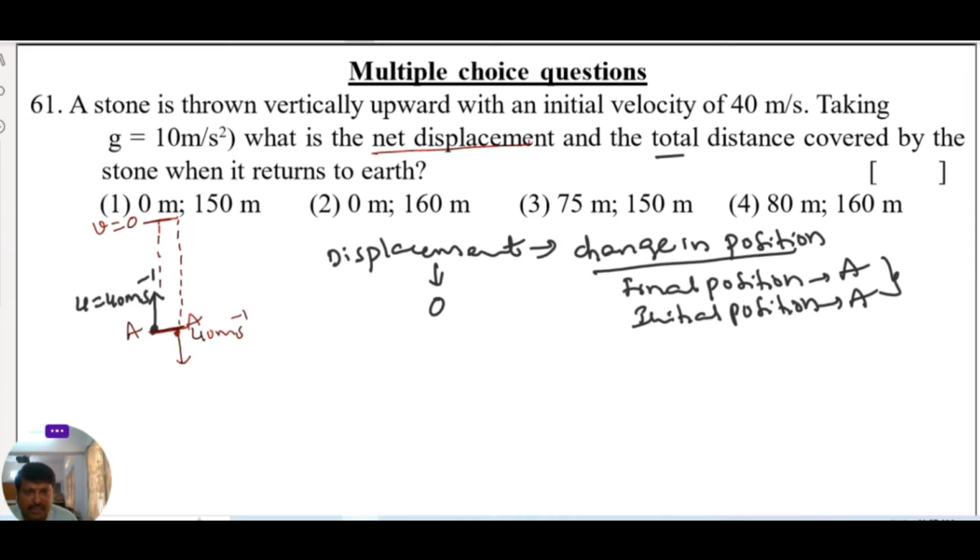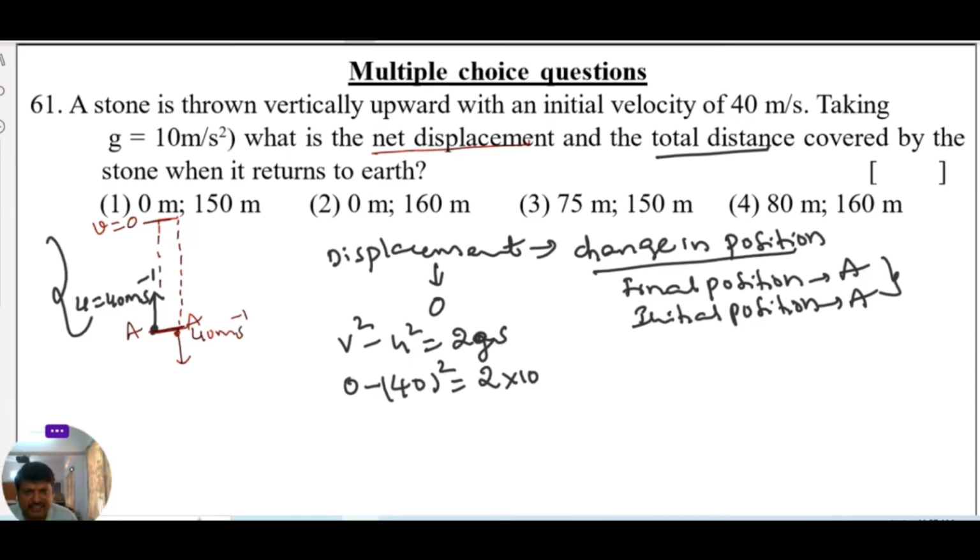Then go to total distance covered by the stone when it reaches the earth. So first calculate the distance here. Your initial velocity is there, final velocity is there. So use the third equation of motion, v square minus u square equal to 2as. Final velocity is 0 minus initial velocity 40, that is 40 whole square, is equal to 2 into a, and in the place of a here g value is given, 10.